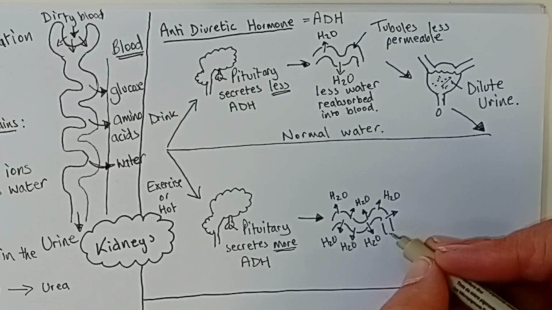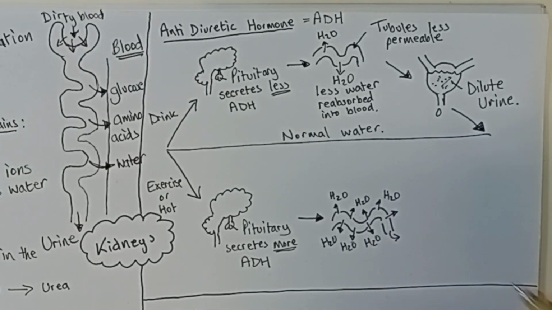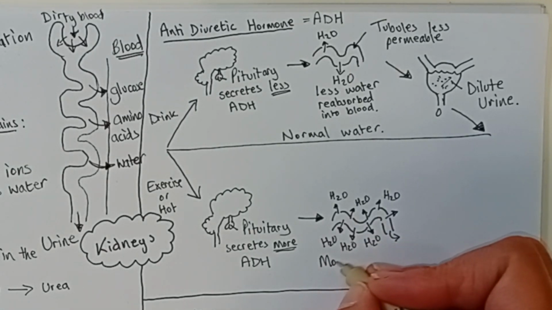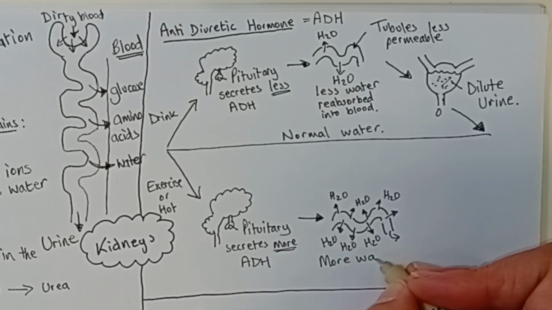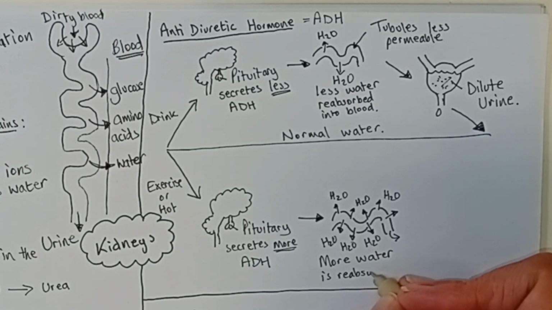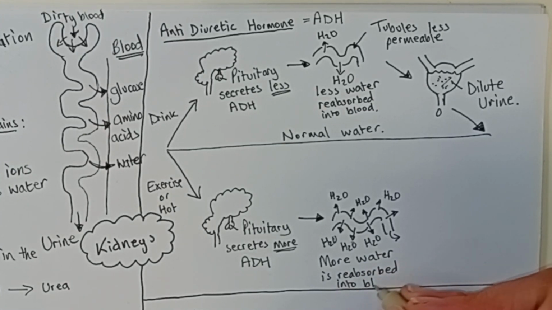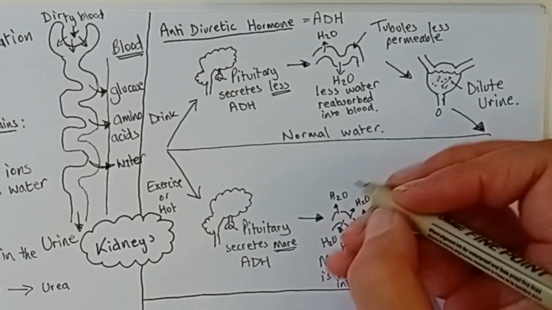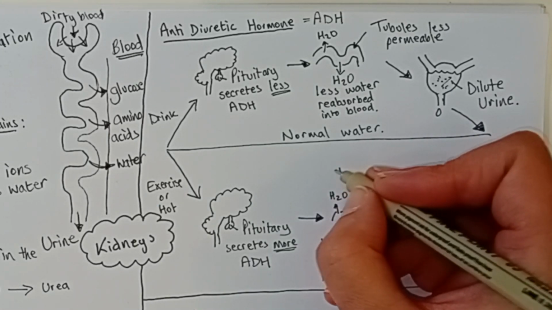So there's less coming out here. So more water is reabsorbed into the blood, because the tubule is more permeable.